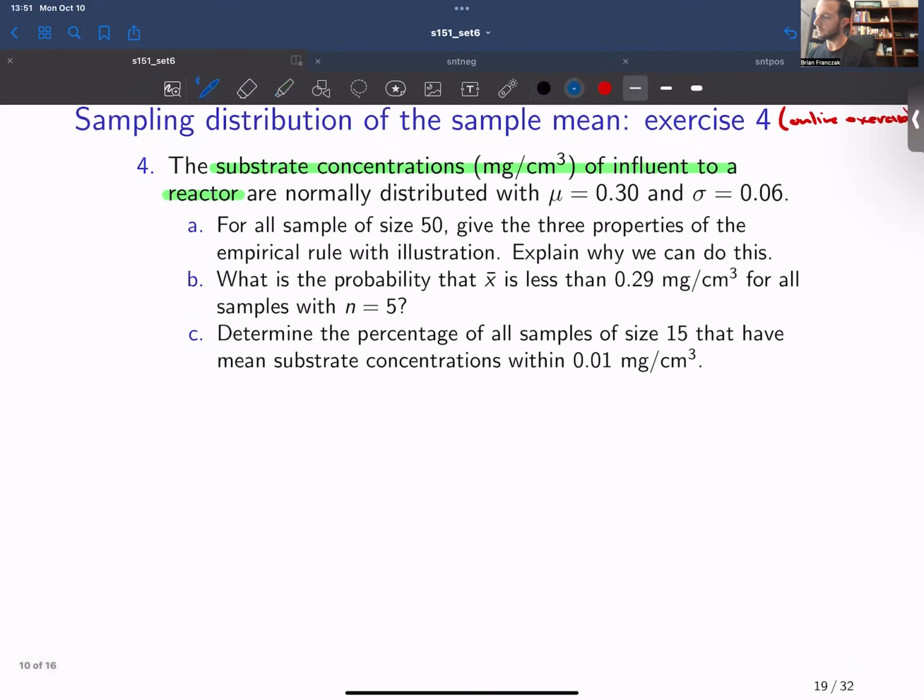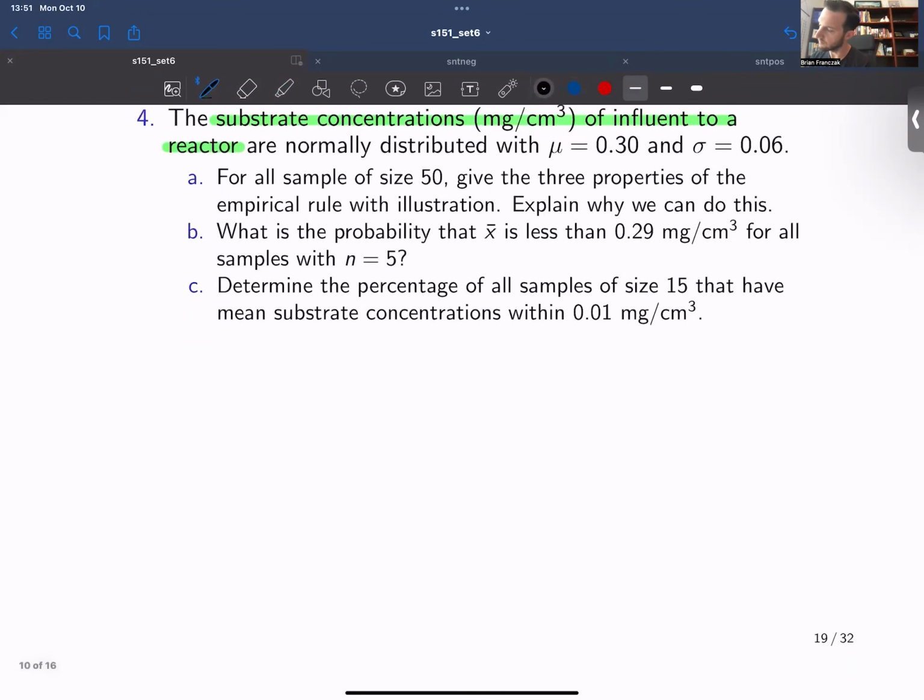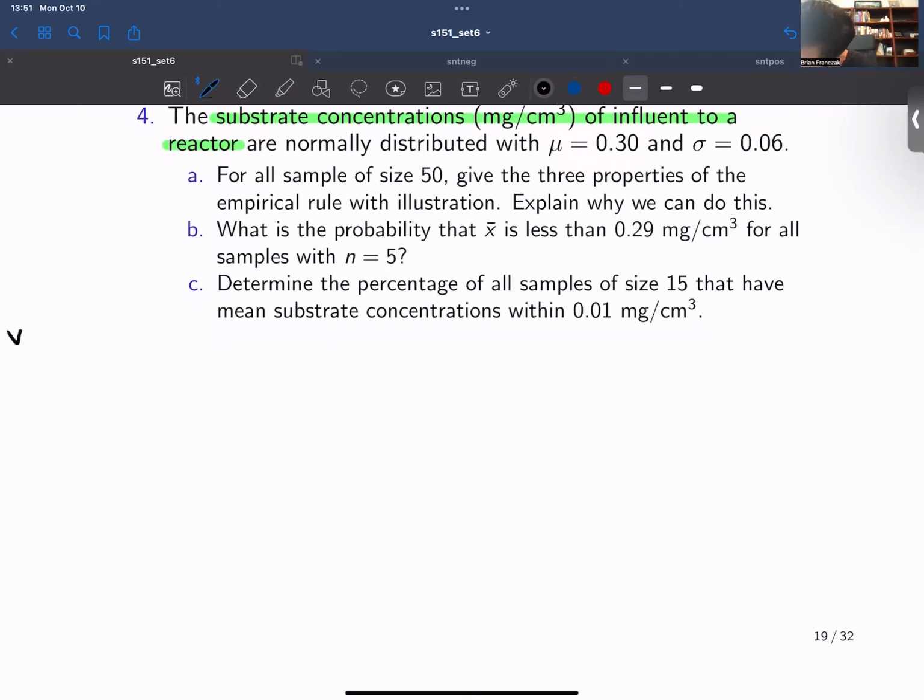Okay, so the variable here is the substrate concentration. And so that's the thing that we're measuring. Now, we are told in the problem that substrate concentrations are normally distributed.